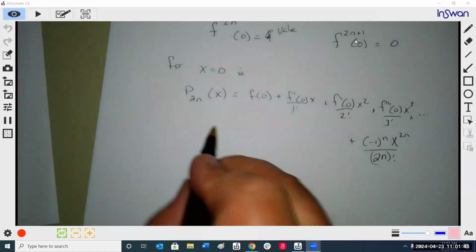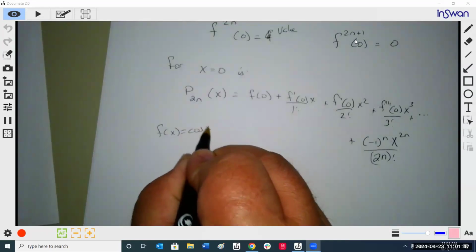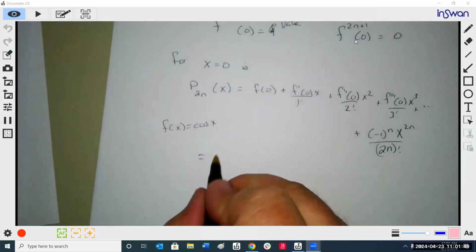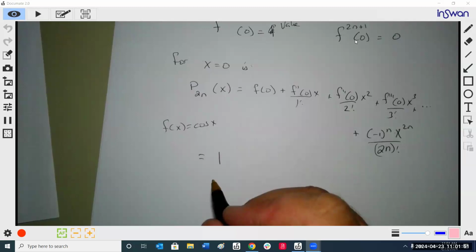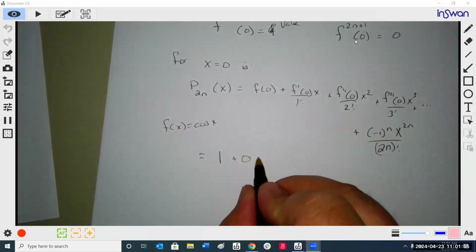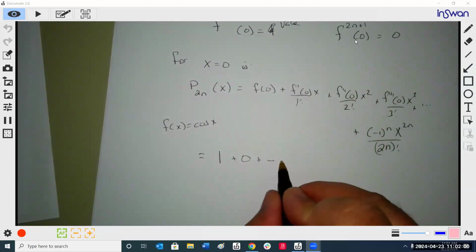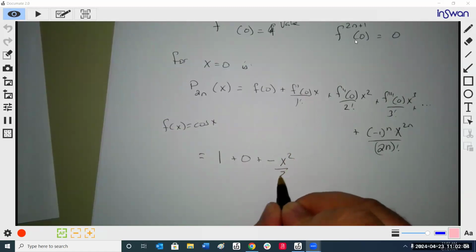Which equals, our function is cosine. Cosine of 0 is 1. First derivative of sine, that's 0. The next one is negative cosine, which is negative 1, so it's negative x squared over 2.